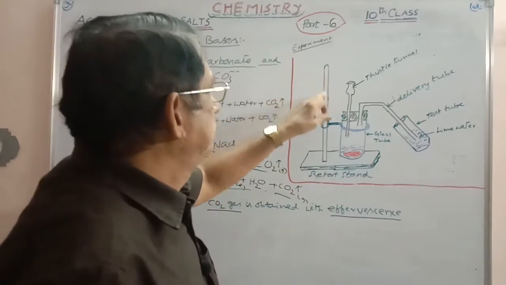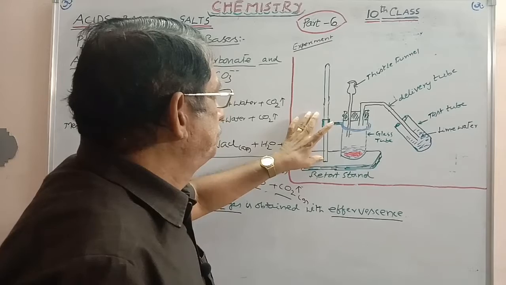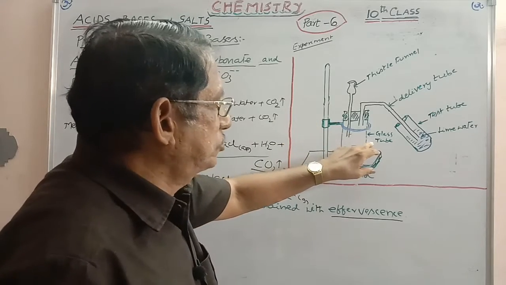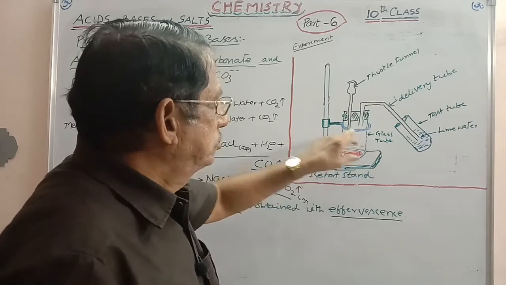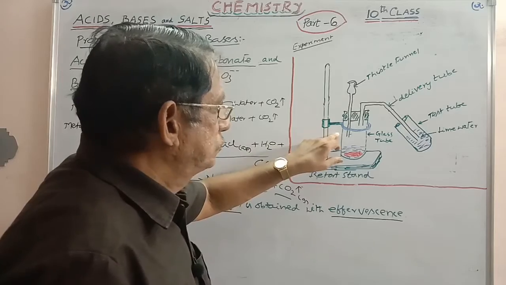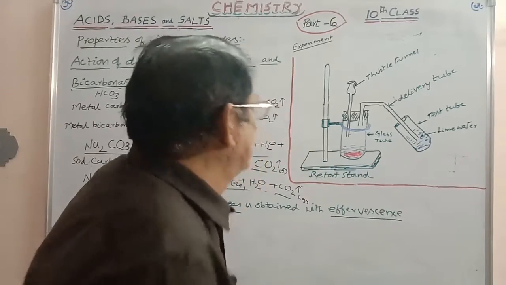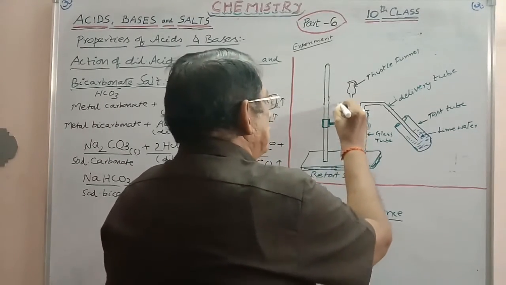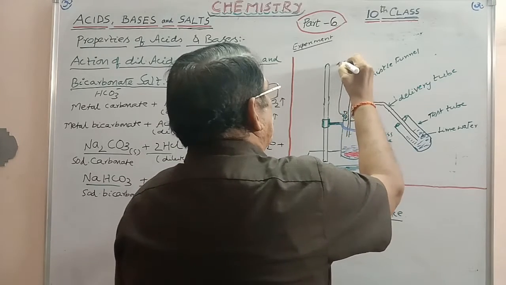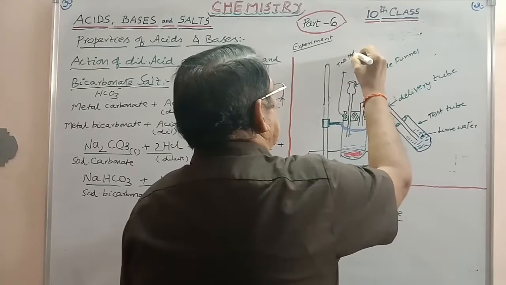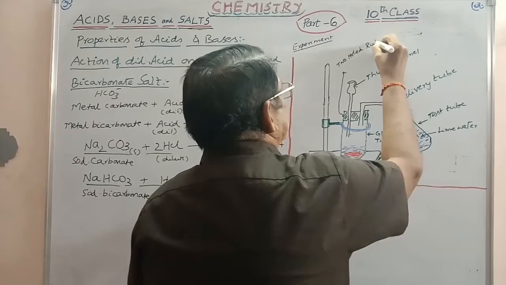Here, this is the retort stand. This is the stout glass tube which is fitted to the retort stand, containing a 2-hole rubber stopper.